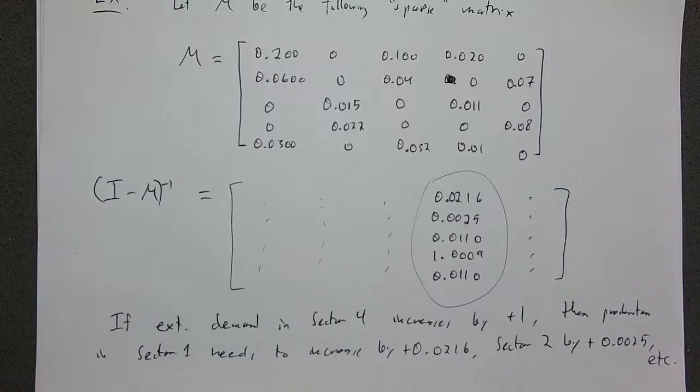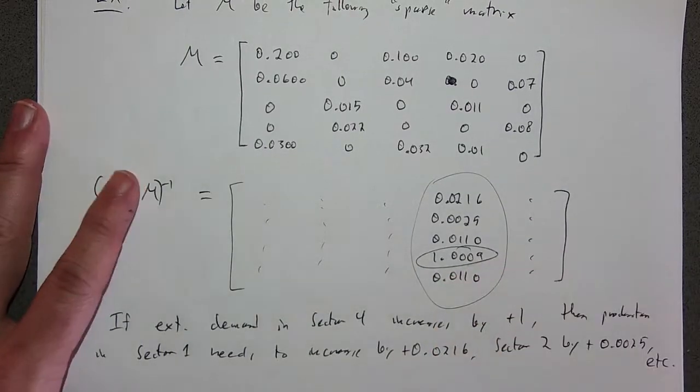Maybe the past examples make you a little worried about entries of more than 1, but remember that was entries of 1 or greater in the consumption matrix M. This is I minus M inverse. But does this make sense? Well, yeah, because what does this mean?